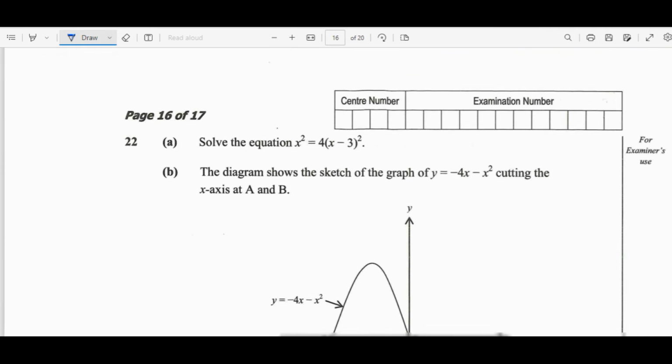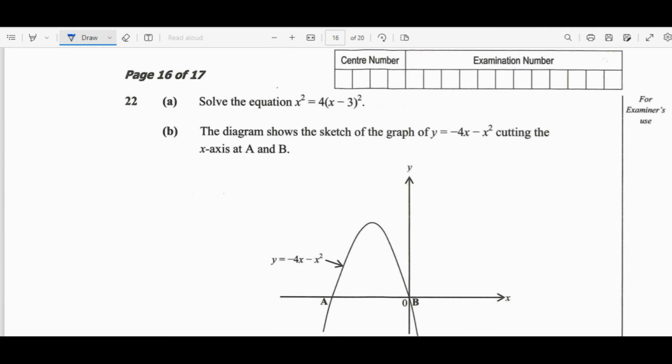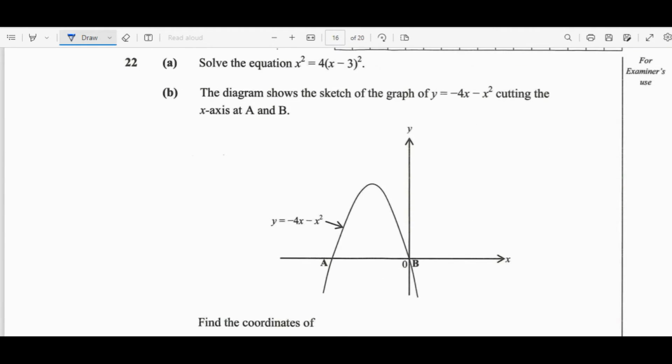Right, we move on to question 22. Under question 22, as we can see, we are dealing with two quadratic equations. So for the first question, A, we are told to solve the equation x squared is equal to 4 open brackets x minus 3 close brackets squared.